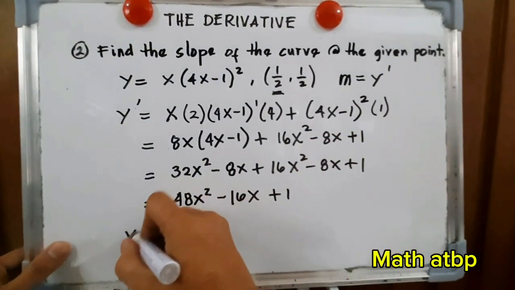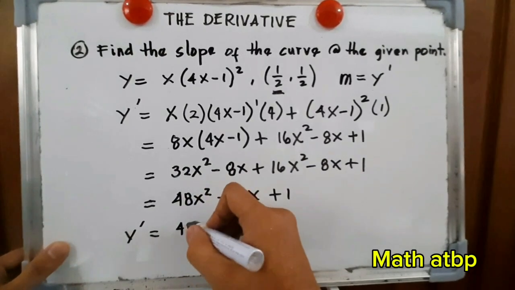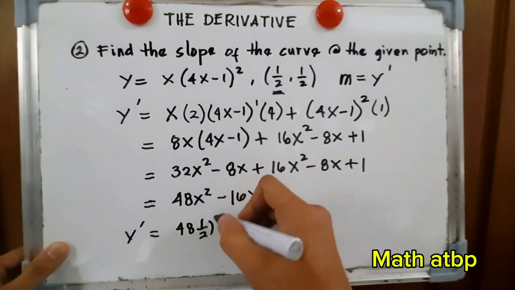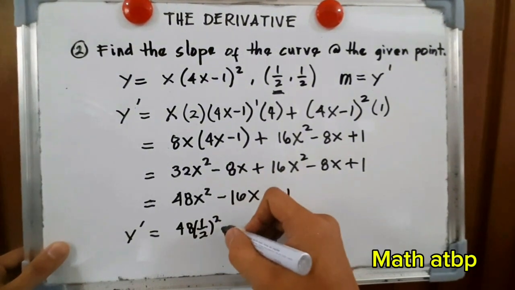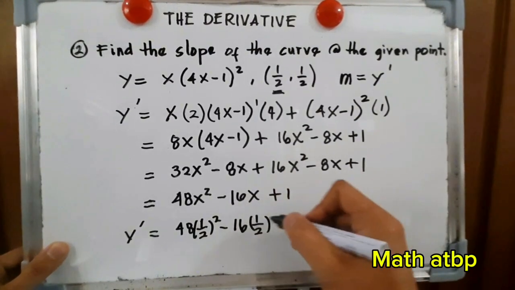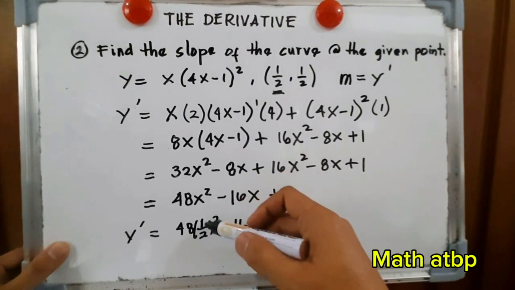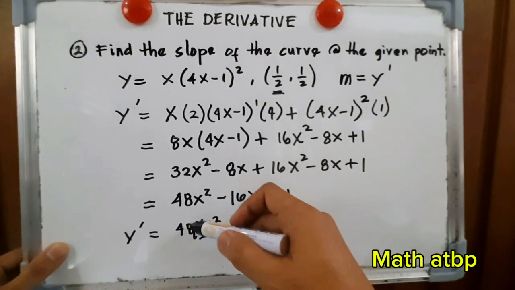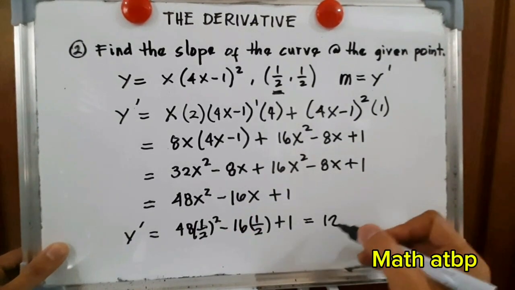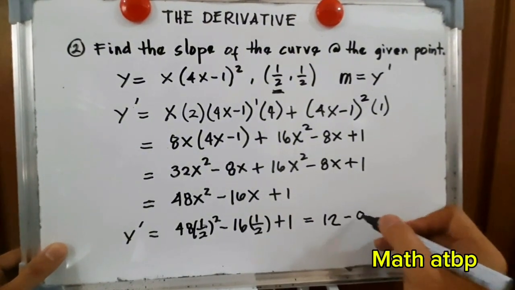y prime, or the slope, is equal to 48 times (1/2) squared, minus 16 times 1/2, plus 1. 48 times 1/4, since 1/2 times 1/2 is 1/4. 48 divided by 4 is equivalent to 12. 16 divided by 2 is 8.